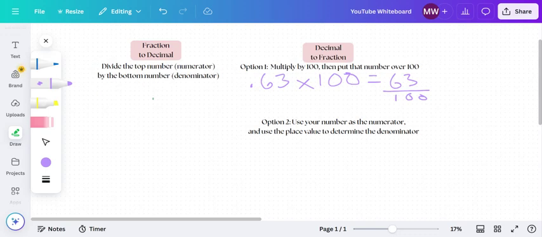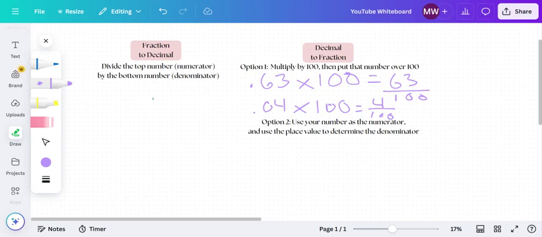Another example of that would be 0.04. I would multiply that by 100, which gives me 4. And then I put a 100 as my denominator. So that fraction's an example of where I could simplify that, but that's not what we're practicing today.